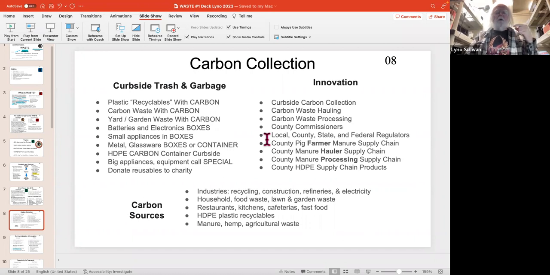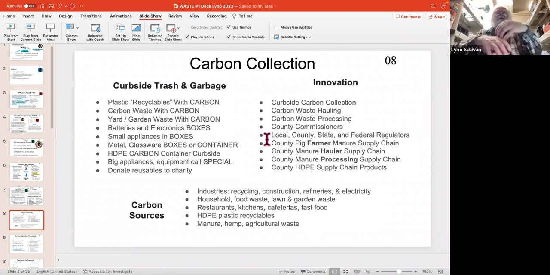What we're looking for is hopefully robot-delivered curbside carbon collection, where there's an HDPE can that you can put plastic recyclables, carbon waste, dead ash if you needed to. You could put anything, trim your trees. Anything that's carbon goes into the carbon. HDPE itself goes in.